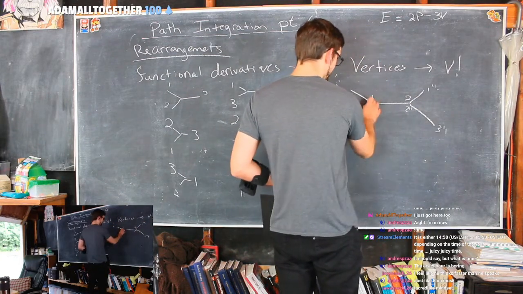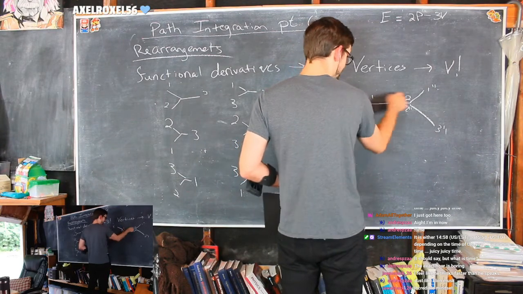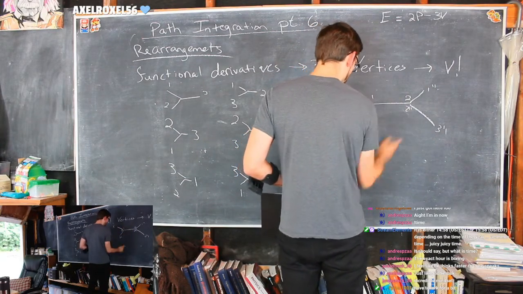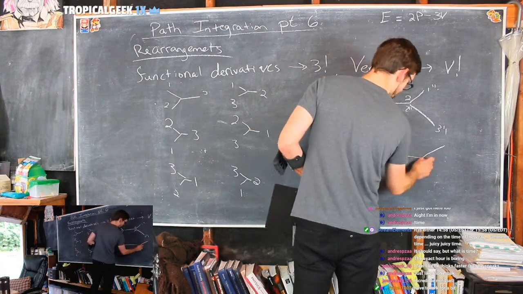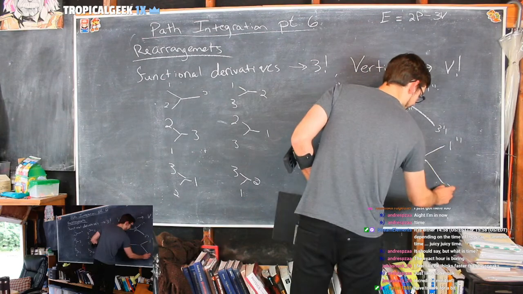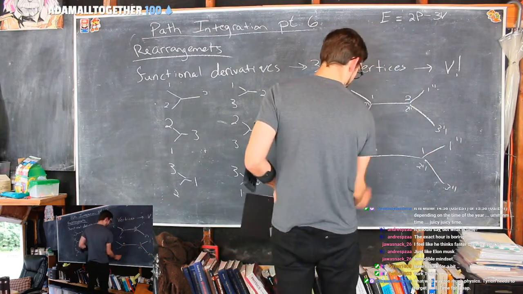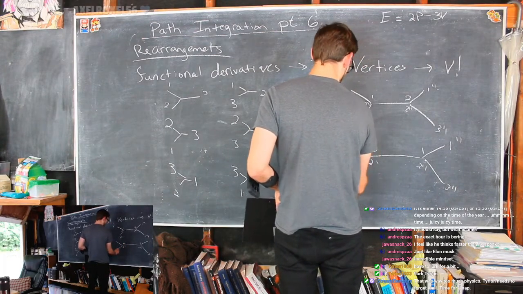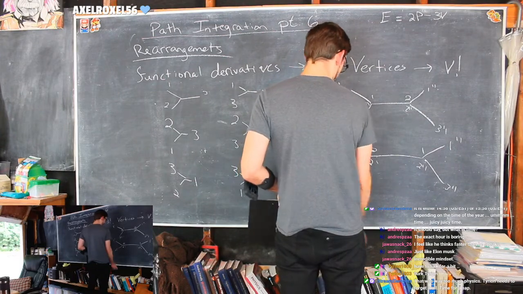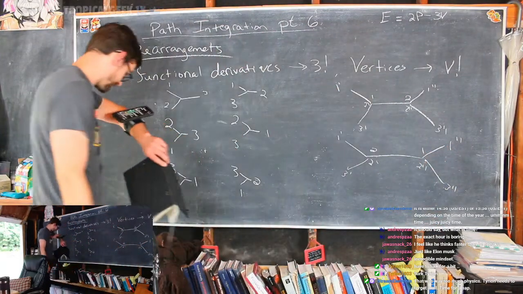Now all the primes are different from these vertices. These vertices are just 1 and 2, but we can swap them and imagine that nothing else changes, right? So 1 double prime, 3 double prime, 2 double prime. Now we put 1 here, we put 2 here, but this external source is still 2 prime, and then 3 prime, and then 1 prime. Actually, in reality these should all be single prime anyway, but let's not worry about that.